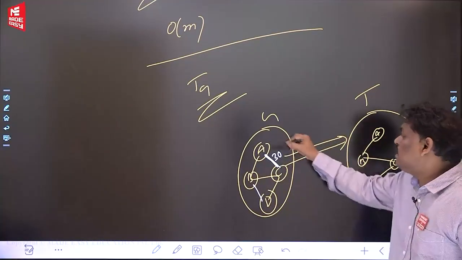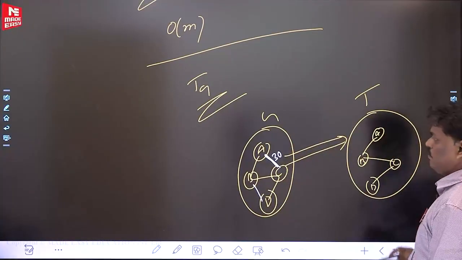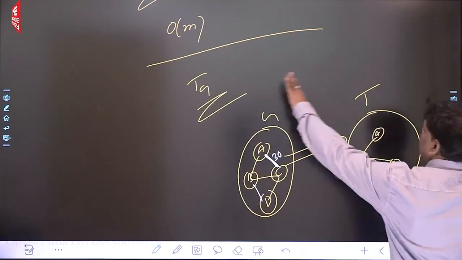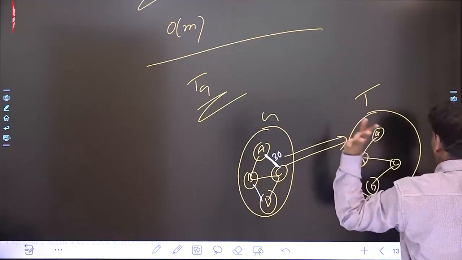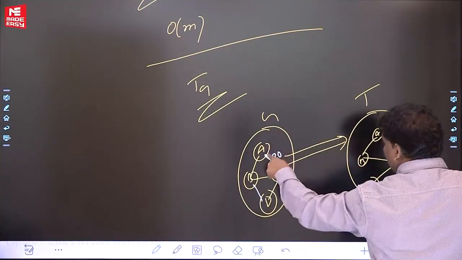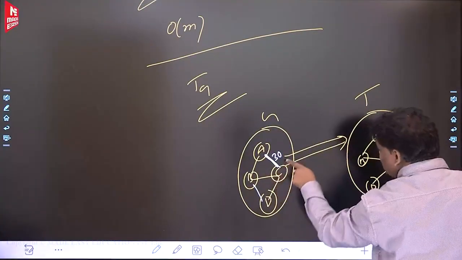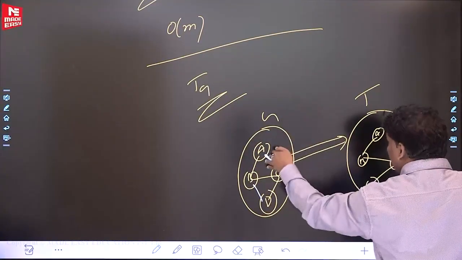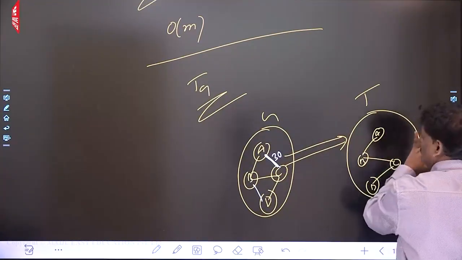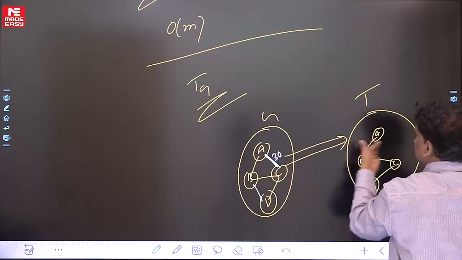What is the meaning? This edge did not come into the MST. I am repeating once again. For that graph I constructed the MST, that's okay. But in the original graph there is an edge from A to C, which is 30. That edge is in the graph but not in the MST, because it may be larger, that is the reason it did not come.